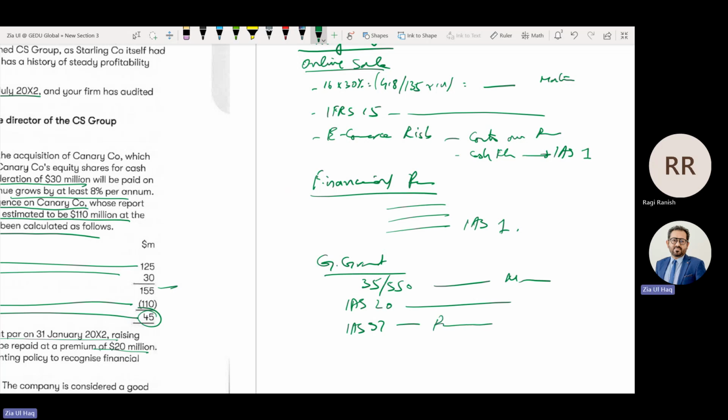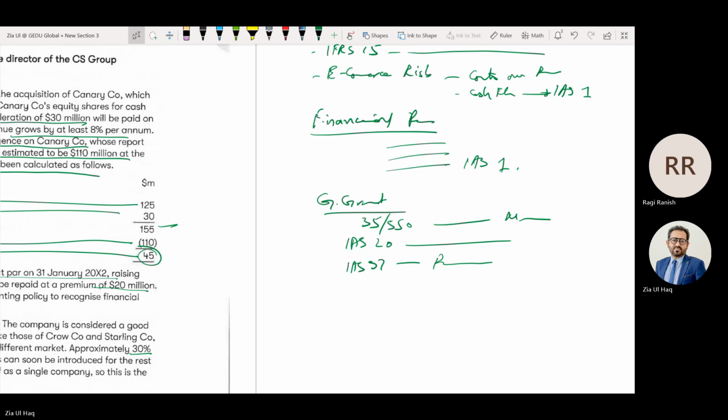This 10 million, if it is not spent in current year, should not be recorded as income. If you're going to spend in future, this must be recorded as deferred income rather than income. And this 10 million is also material from a profit point of view as well. So we can discuss this one as well.